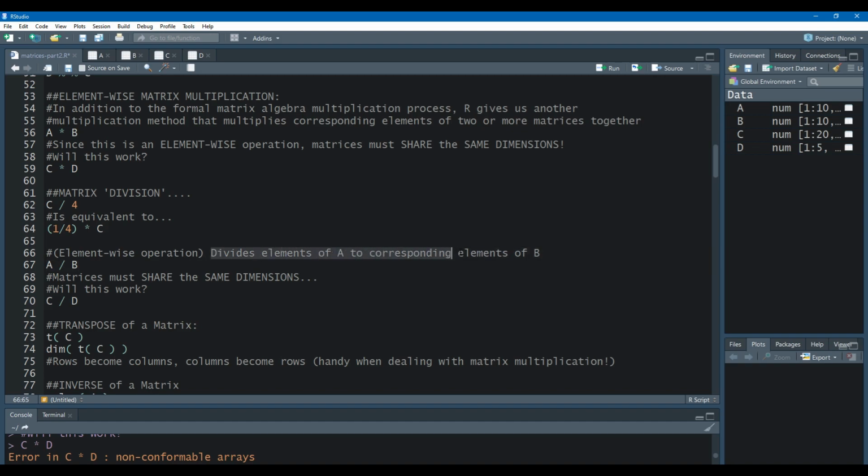There is no formal definition of matrix division. The closest we can get is by taking the inverse of a matrix. So when I say that there's a division function in R for two matrices, I'm saying it's an element-wise operation. If I were to divide matrix A by matrix B, this would be my output.